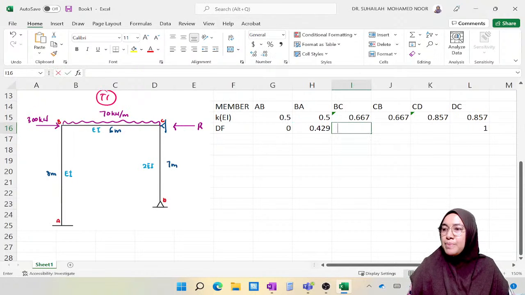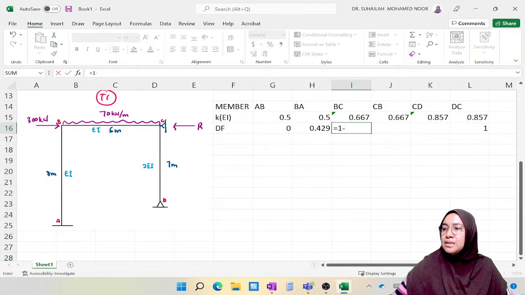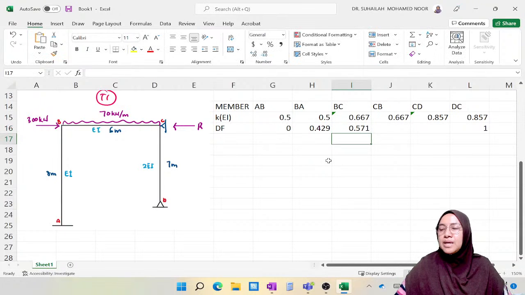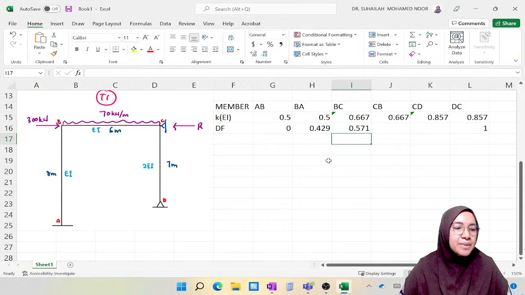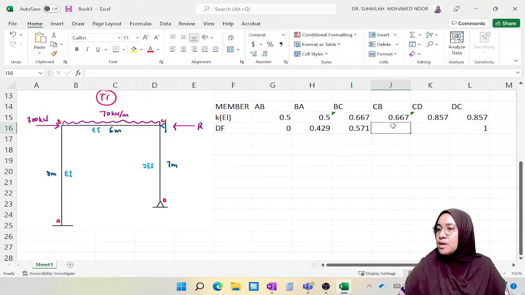And for BC, it is 1 minus 0.429, so we get 0.571.